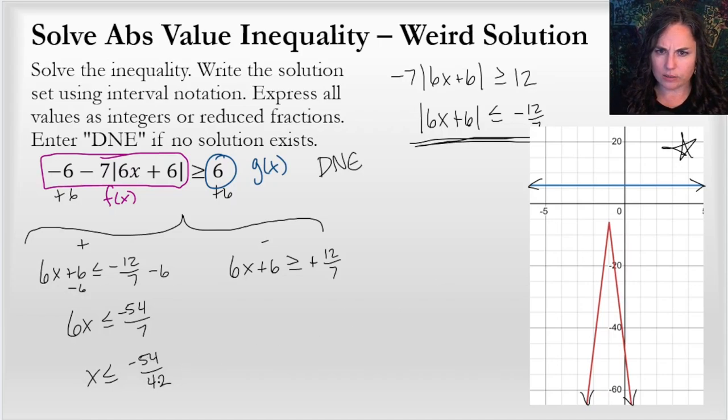-54/42, that's a little bit greater than -1, right? I'm going to say that's a little bit greater than -1. Why am I getting this intersecting at a little bit less than -1 when it does not? Well, what I'm going to show you is that on this positive part of the function, when I extend it upward and it never goes there, I am getting an intersection point with that line.